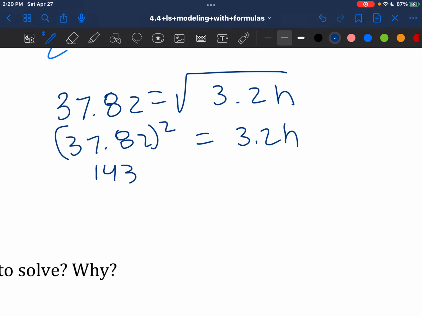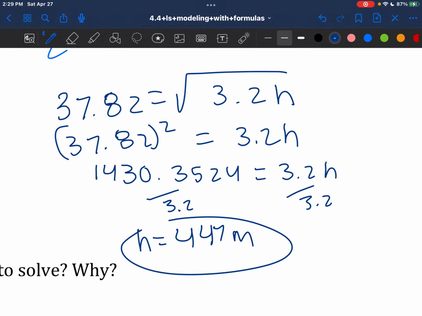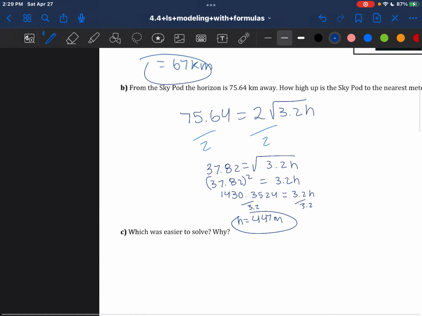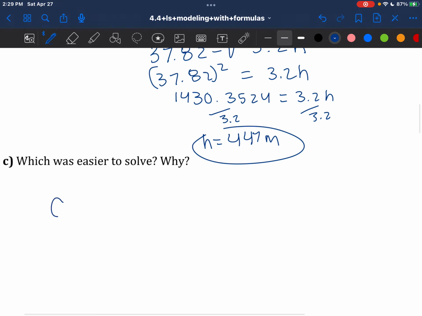Then that's 1430.3524. You have to use a calculator for that. Divide by 3.2. And you'll get h, which is 447 meters, roughly. It's a little bit more precise than that, but that's good enough. And which was easier to solve?